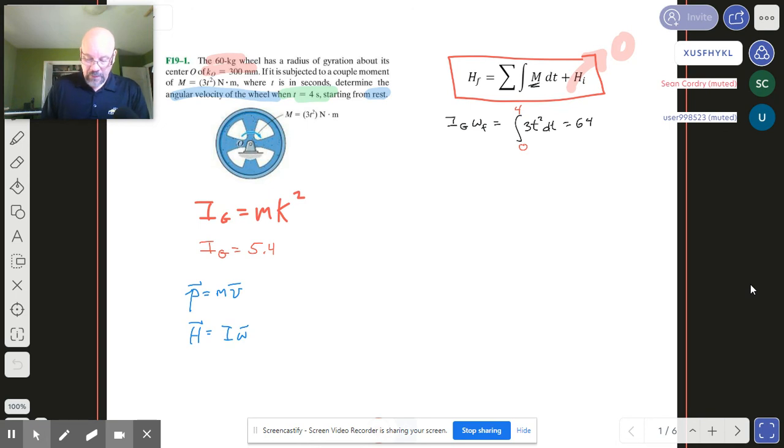Now we just do a little bit of algebra, and we get 64 over the moment of inertia. When you carry out that math, you're going to get 11.85.